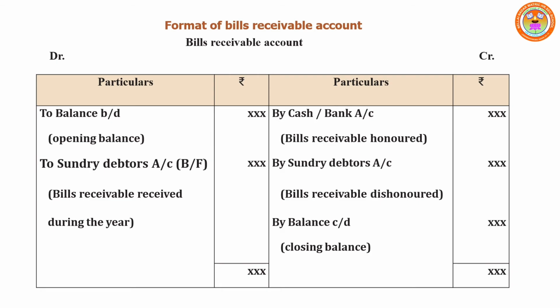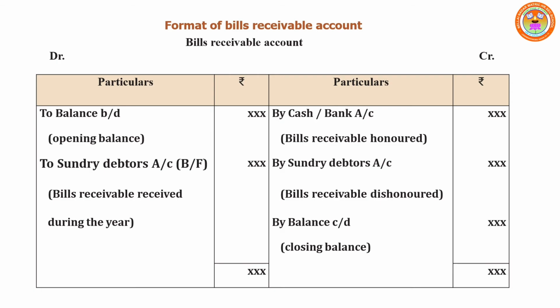Then move on to credit side, by cash or bank account. If we have received any cash or cheque, bills receivable honored, that amount will be written on the credit side. Then if any bill is dishonored, it will be written as by sundry debtors account.